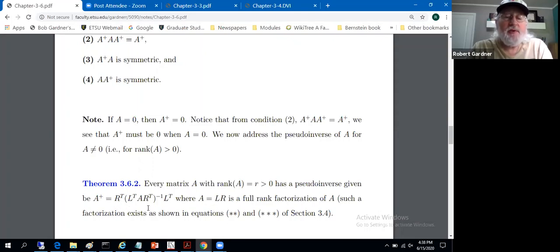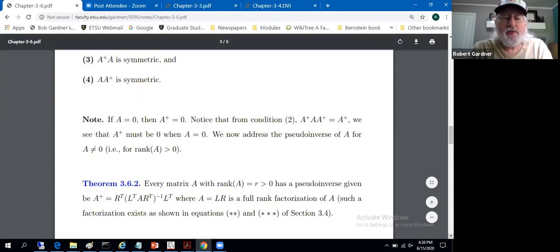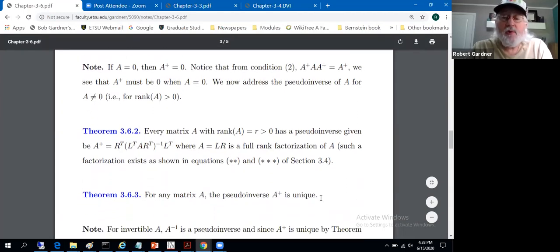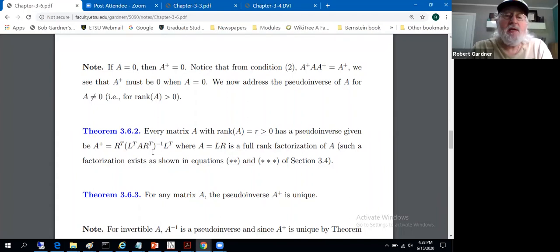The pseudo inverse is R transpose times the inverse of L transpose A R transpose, times L transpose. So this gives the existence of pseudo inverses. We'll argue after that they're unique. So this is how pseudo inverses must be computed.